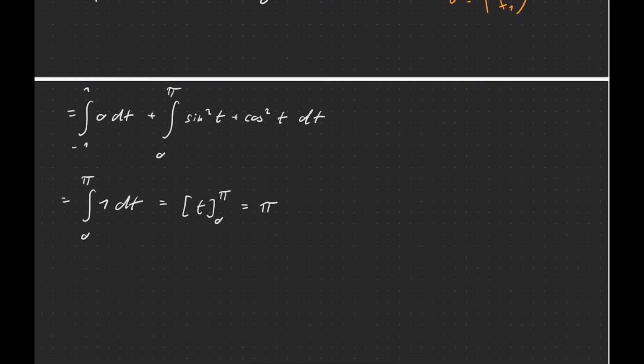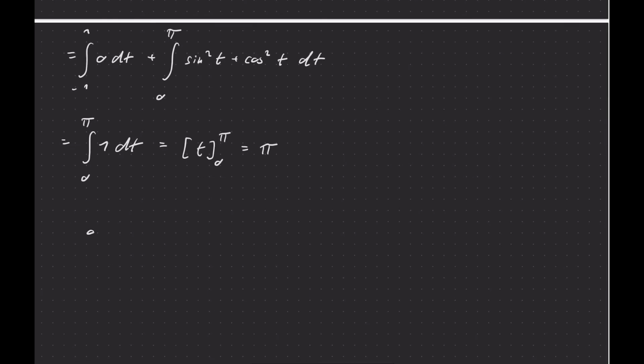So pi is twice that volume here. And that means the actual volume of B, the area of that half disk, is pi over 2.